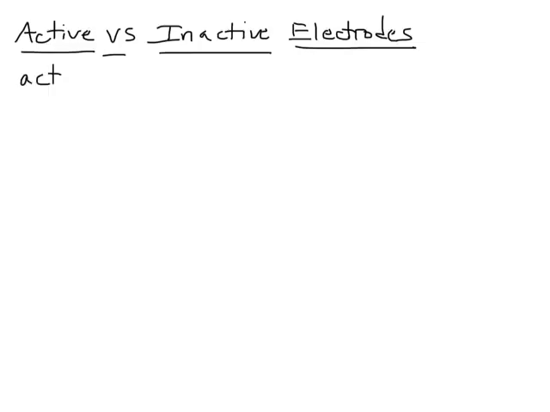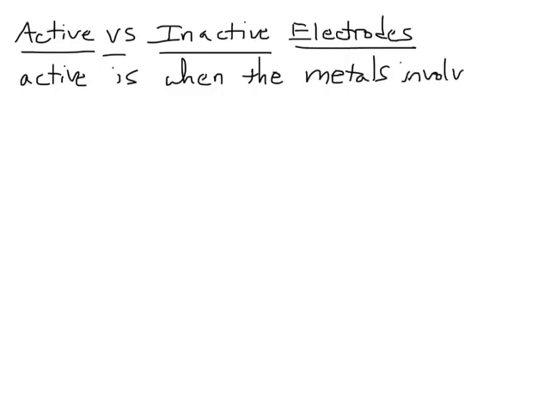Active electrodes are the more common types of electrodes. This is when the metals involved in the reaction are used to conduct the electrons.